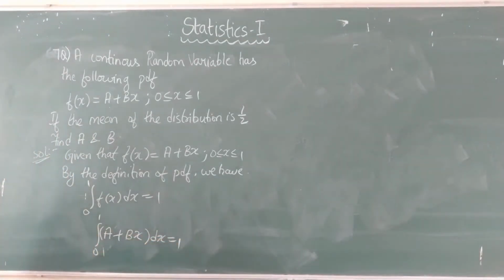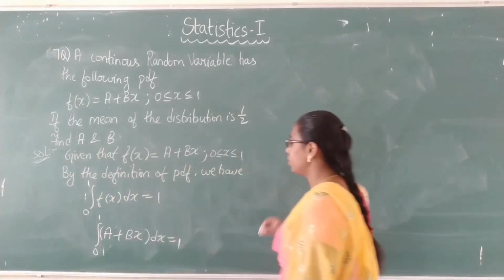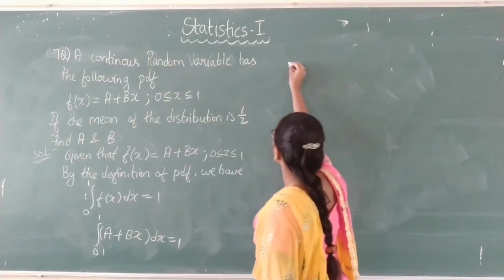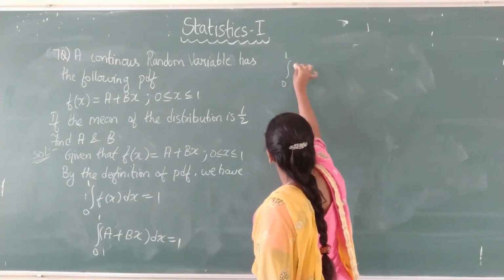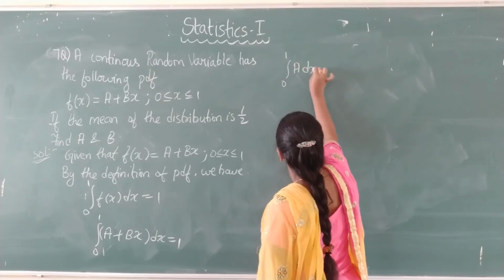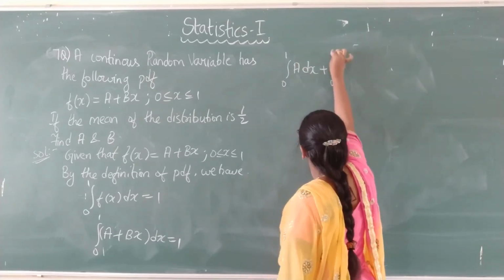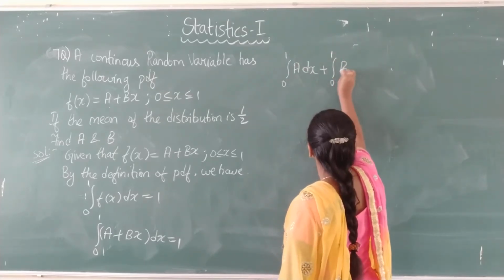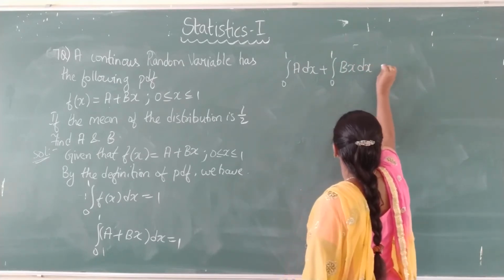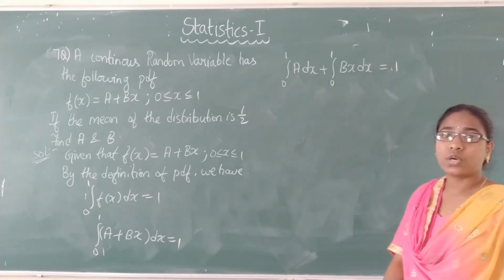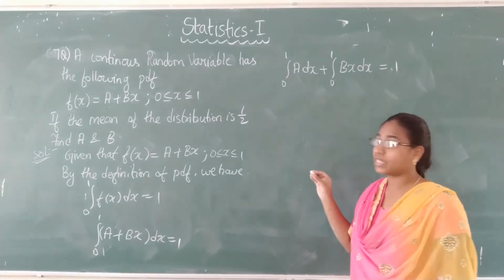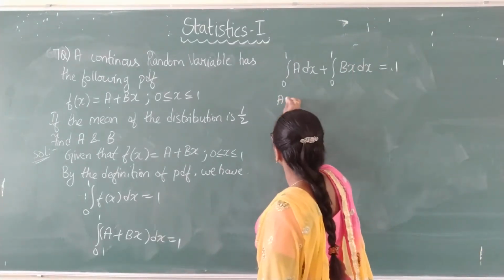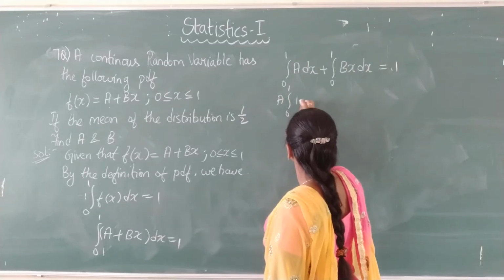Now do the integration. We have two terms here, one is a, the second term is bx. So do the integration for the two terms separately. We get integral over 0 to 1 of a dx plus integral over 0 to 1 of b into x dx equals 1. Here a is a constant, so a times integral over 0 to 1 of dx.